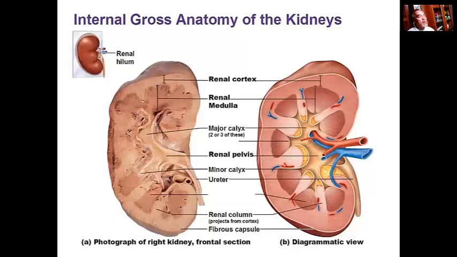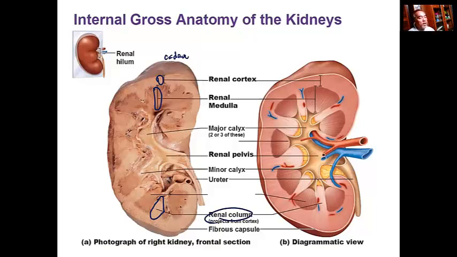Okay, now this is actually what a kidney looks like in gross anatomy. This is actually in a cadaver. If you take a look at the schematic diagram, it still has the same identification. So we have the medulla, the cortex, and then we have the columns, the spaces between the medulla or renal pyramid.